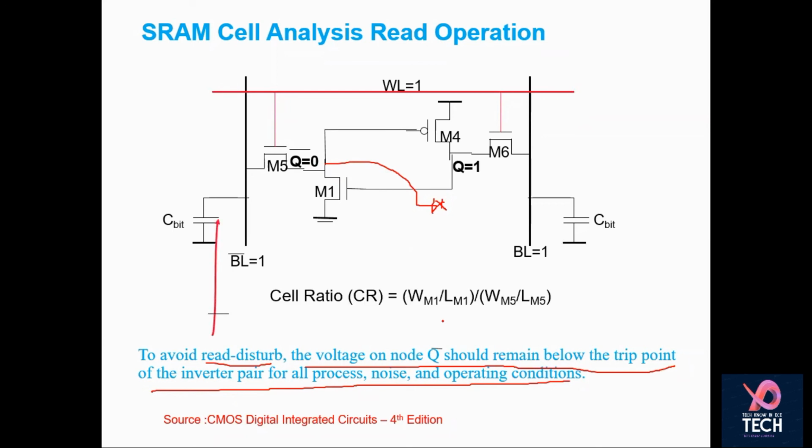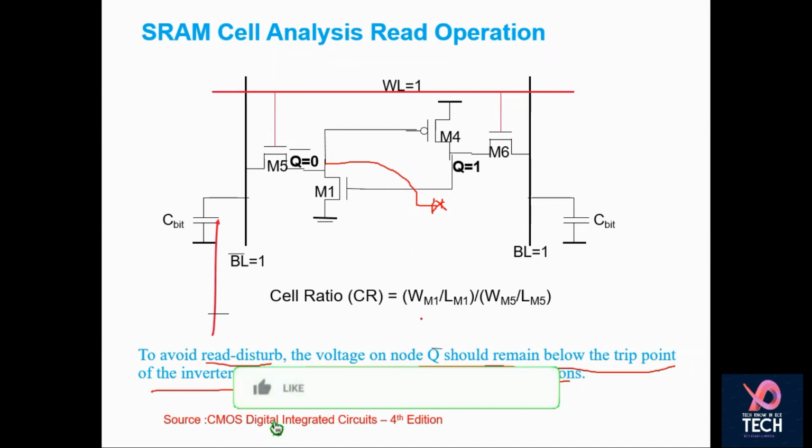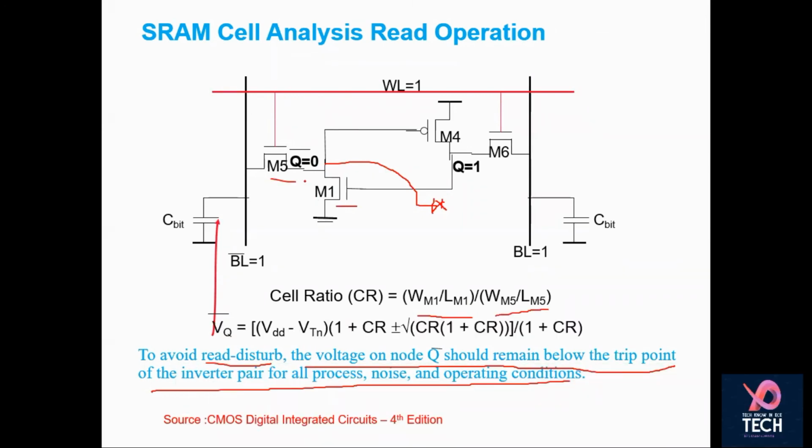So this is the cell ratio being preferred: the W/L ratio of this transistor 1 over the W/L ratio of this is given by a particular equation. Right now this is not required of you as undergraduate students, but you should know that there is a design aspect: how you can keep the W/L ratio of these two transistors so that you achieve the particular condition.